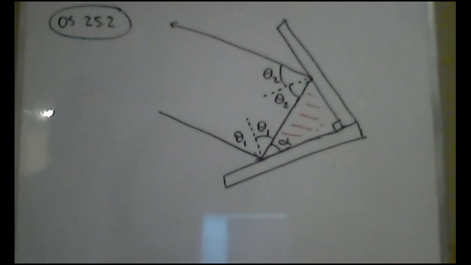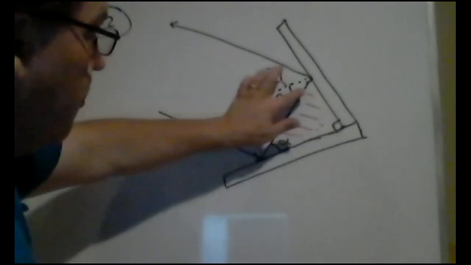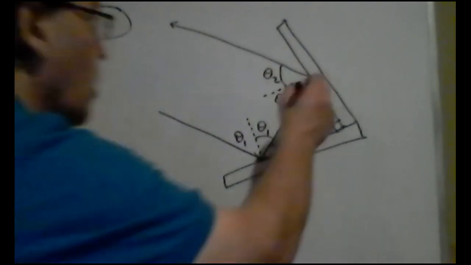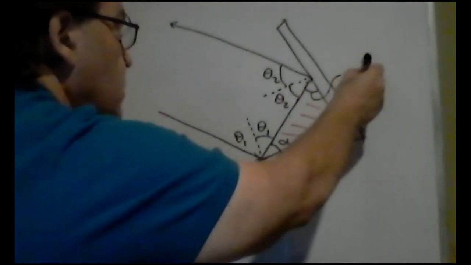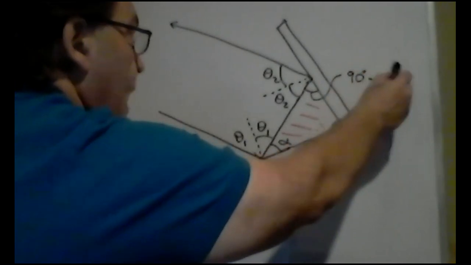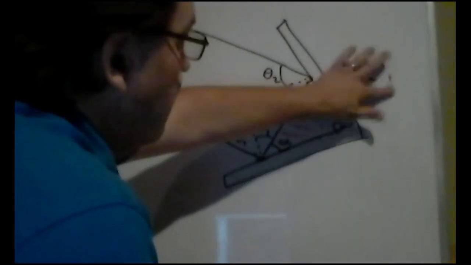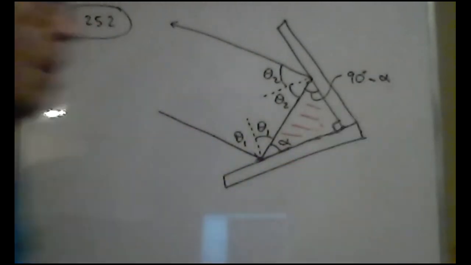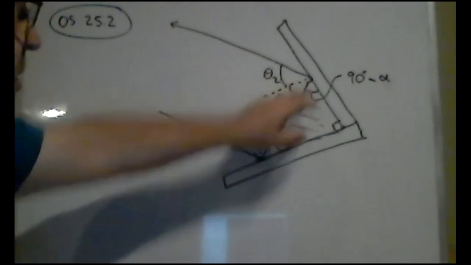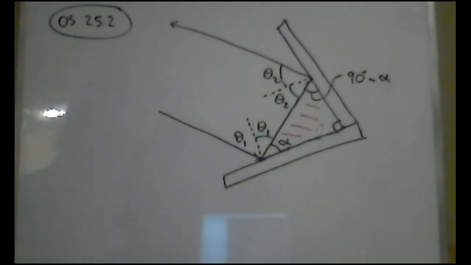Given that a triangle has to add up to 180 degrees, and this is already 90 degrees, the angle over here in this corner is 90 degrees minus alpha. So I define this alpha, and the angle at the upper vertex of this triangle is 90 degrees minus alpha.